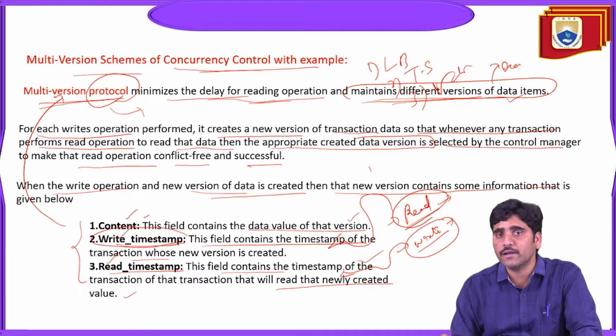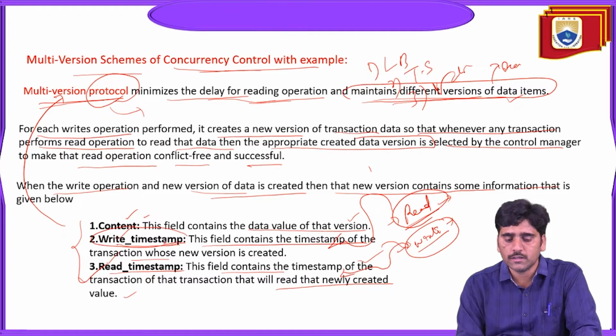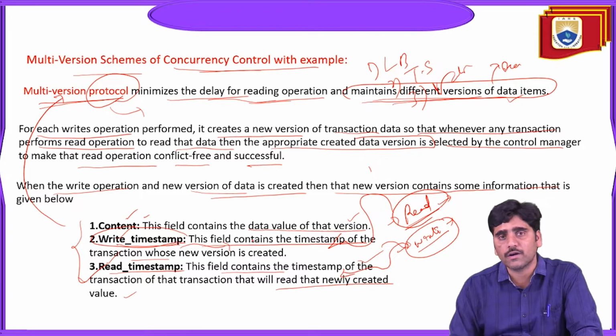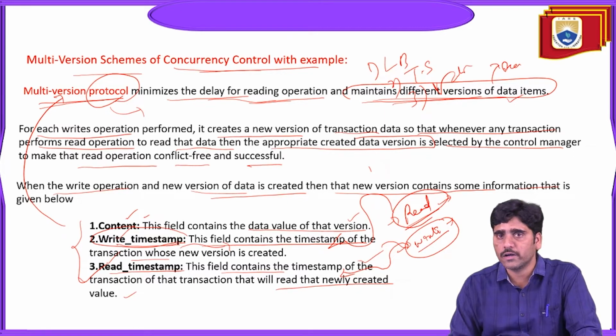If you want to execute a read operation, the transaction is performed with the read timestamp value. And if any transaction performs a write operation, it retrieves the write timestamp, so that there is no long wait to execute the read or write operation on the transactions.